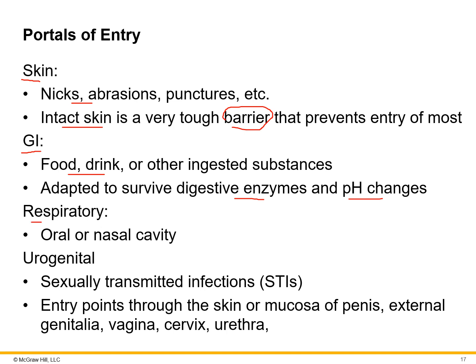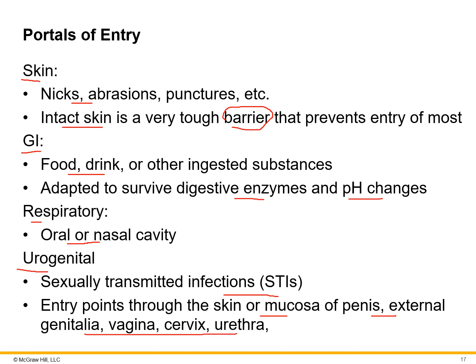The respiratory system, either through our mouth or our nose, so breathing into our lungs, or through the nasal cavity, allows microbes in. And then urogenital, so think about sexually transmitted infections, but also just coming across the skin or mucus of the penis, the external genitalia, vagina, cervix, or urethra.